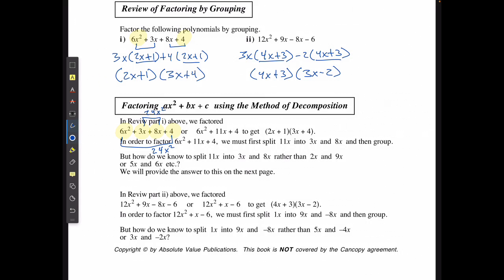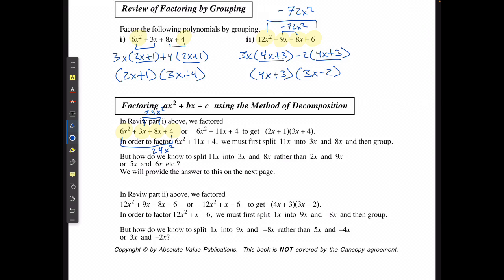Huh. Well, if I look at the second example we did up top here, if I take that 12x times negative 6, I get negative 72x squareds. If I take 9x and negative 8x and multiply them, I get negative 72x squared.